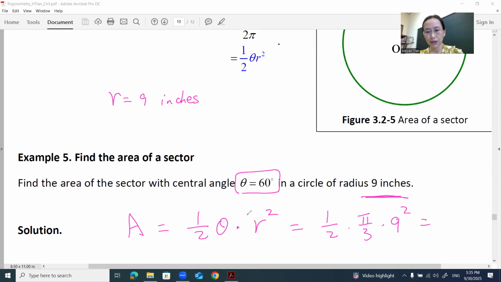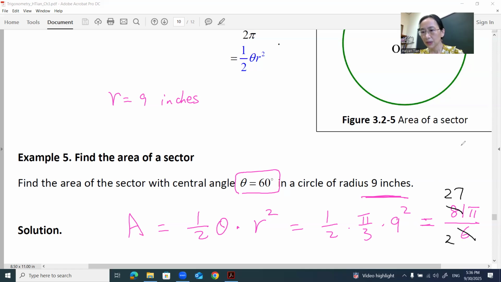Applying the formula to calculate the area of the sector, 9 squared is 81 times pi over 6. But we notice that 3 can be canceled, as there's a common factor. Dividing by 3, we get 27 pi over 2.